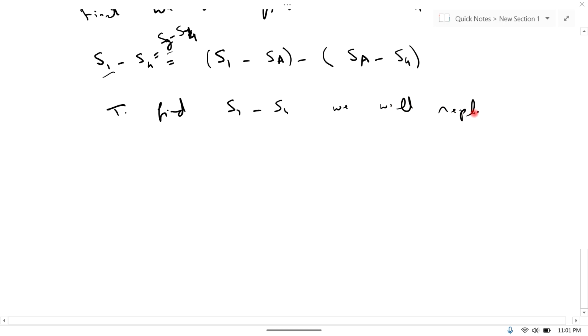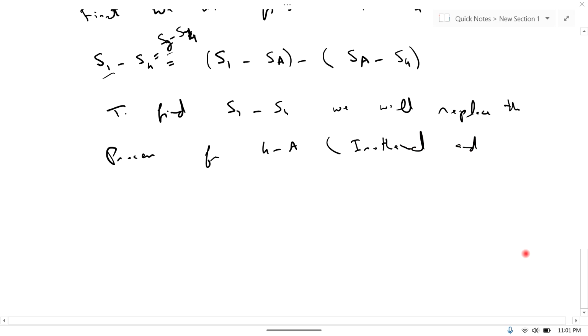We will replace the process from 1 to A, which is isothermal, and A to 2, which is an isobaric, constant pressure process.